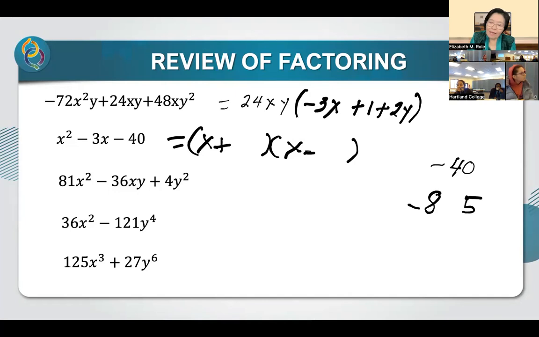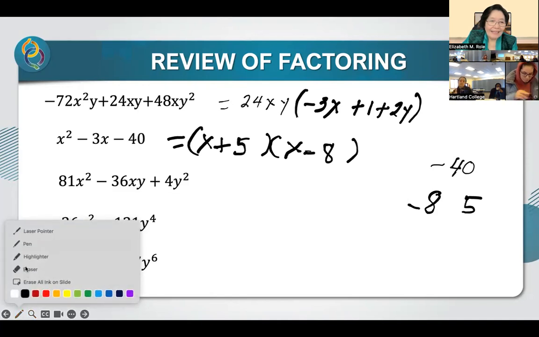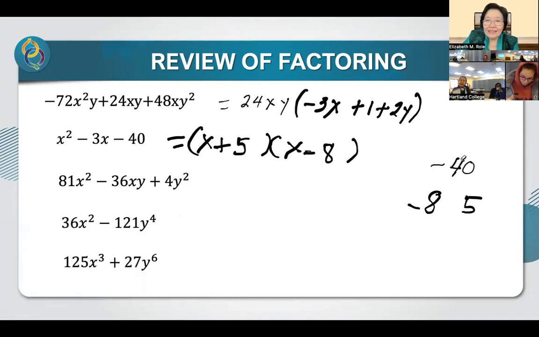So you put the 5 here, you put the 8 here. Yeah, so all this factoring will be our homework for today, okay? I mean, the one that we will work on. All right. Okay, now, so I think that's not a problem.